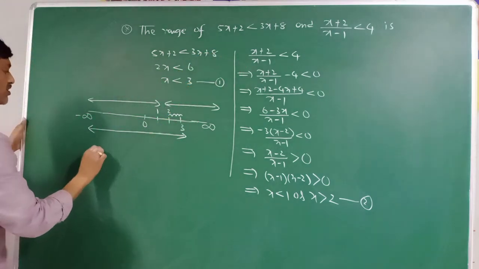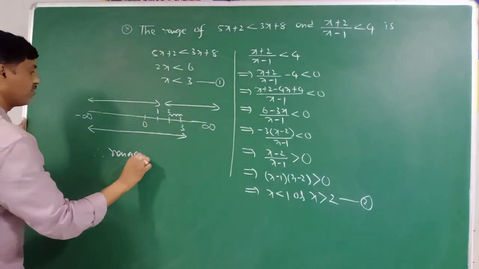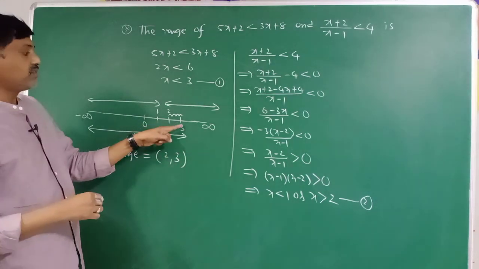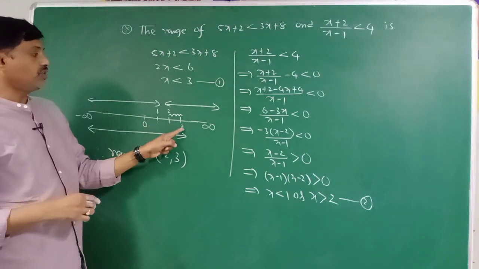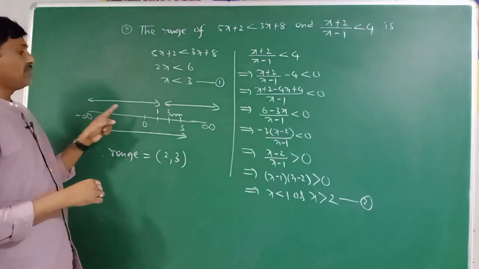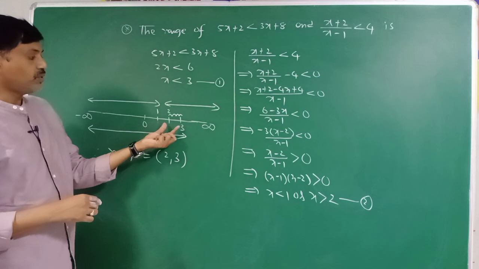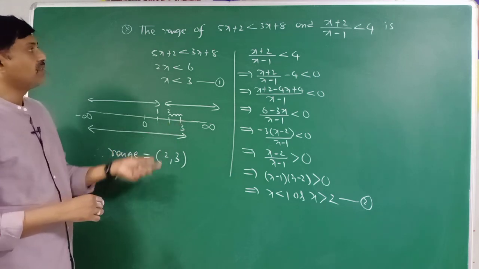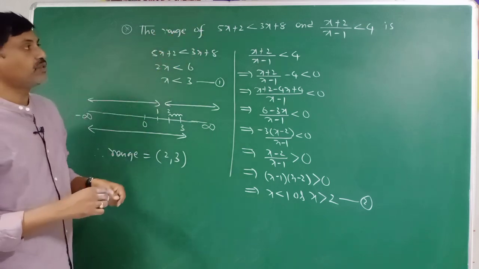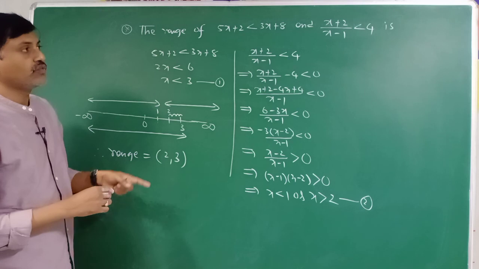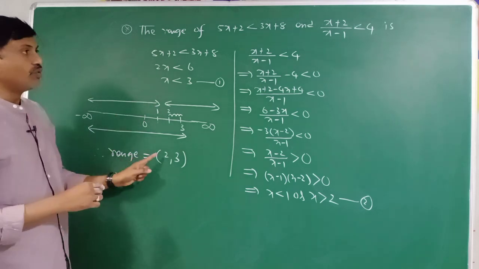Therefore the range is 2 to 3, both open. Minus infinity to 3, 2 to infinity, minus infinity to 1. The total common portion is clearly 2 to 3. Therefore, the range of 5x plus 2 less than 3x plus 8 and x plus 2 by x minus 1 less than 4 is 2 to 3.